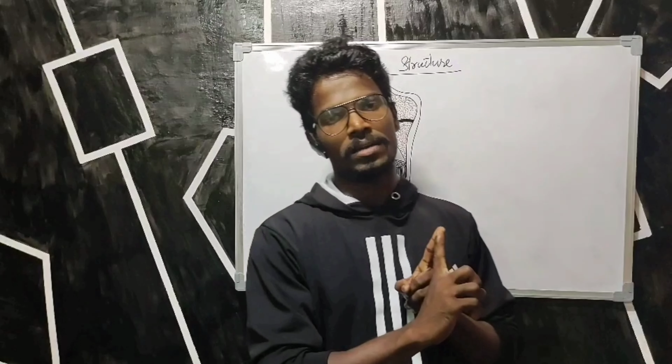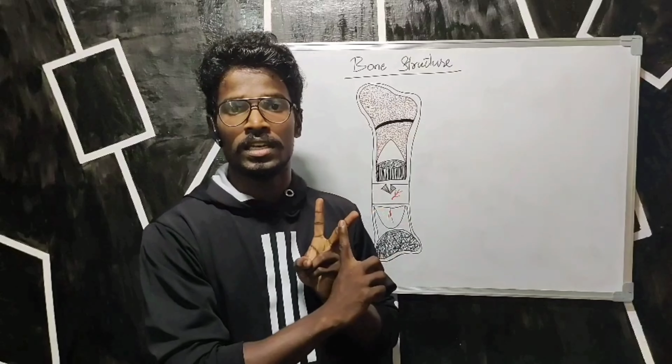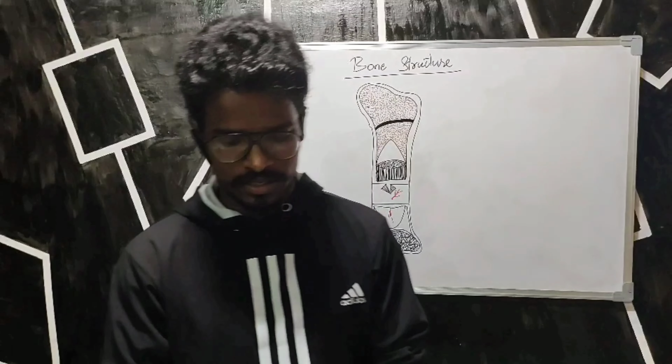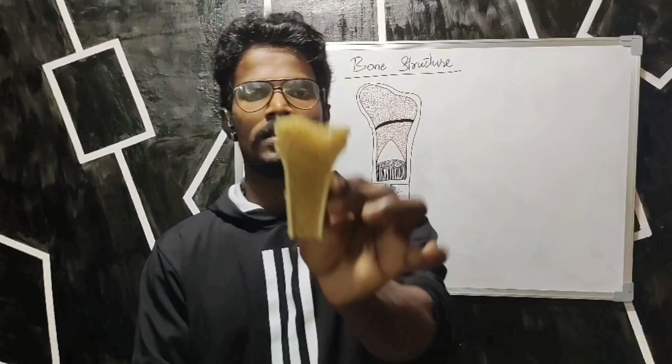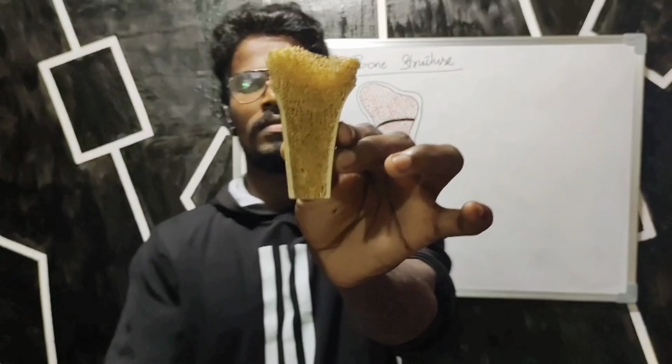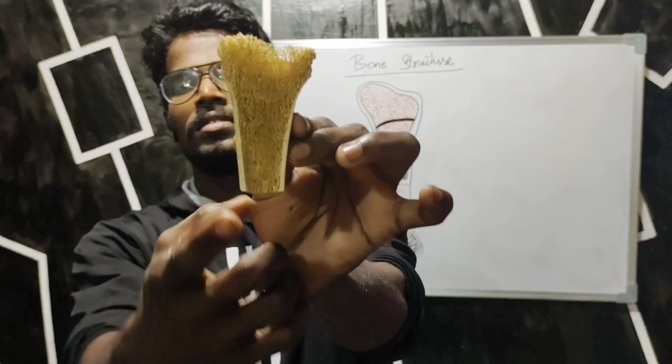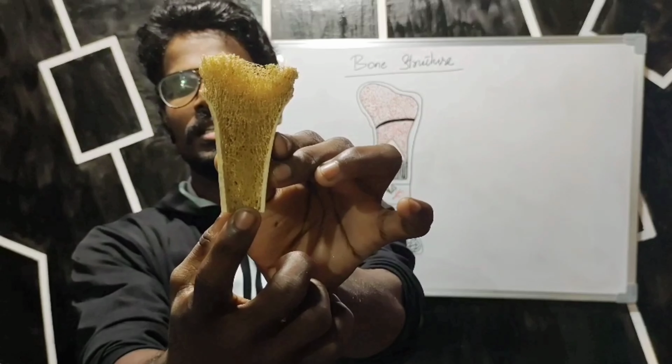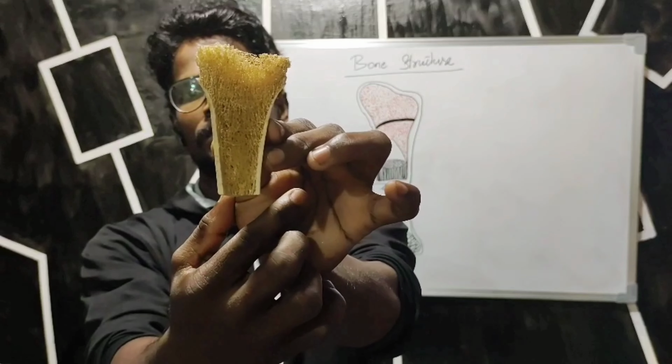Based on type of tissue, it is divided into two. One is cortical or compact bone. The second one is spongy bone or cancellous bone. To show the difference, I have made this. So this is your compact bone. The honeycomb structure which you can see, that is your spongy bone.